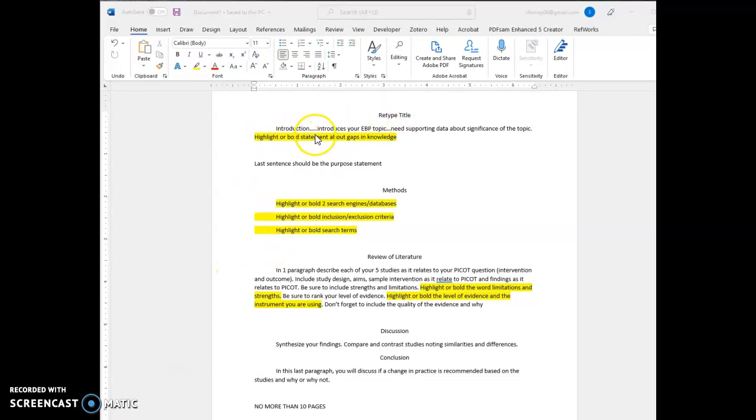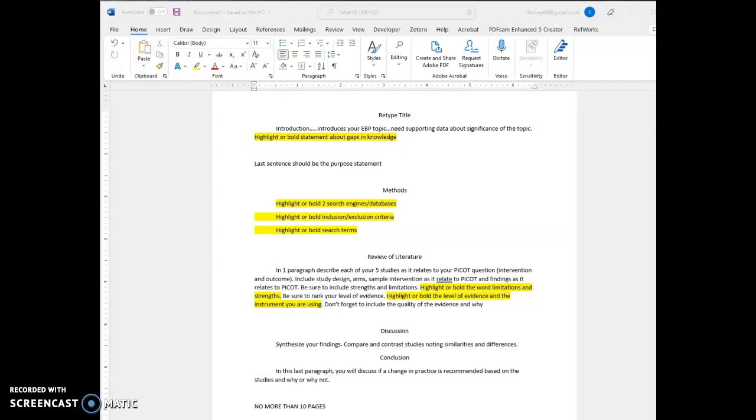The introduction should introduce your evidence-based practice topic and you need supporting data about why this is a significant topic. For example, if you were writing a paper about why nurses need to enter into the geriatric field, you would want to note how many baby boomers are going to need health care by the year 2025.